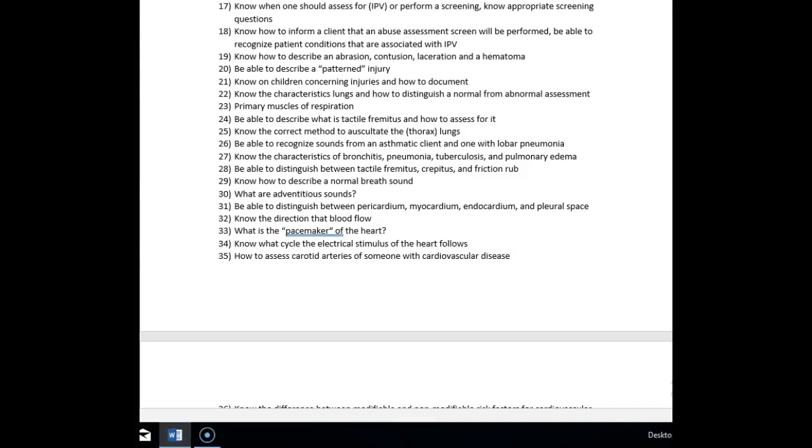So buttocks, hands, feet, and abdomen. You need to really look at that.